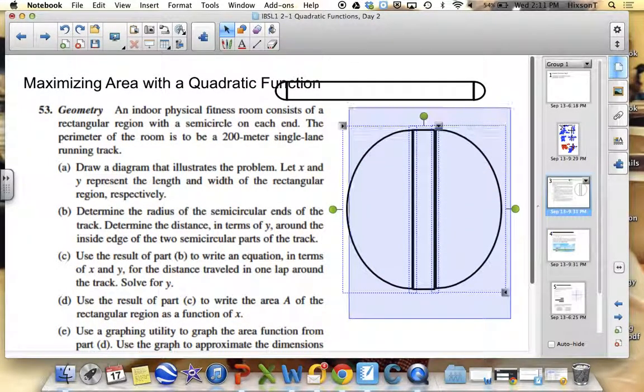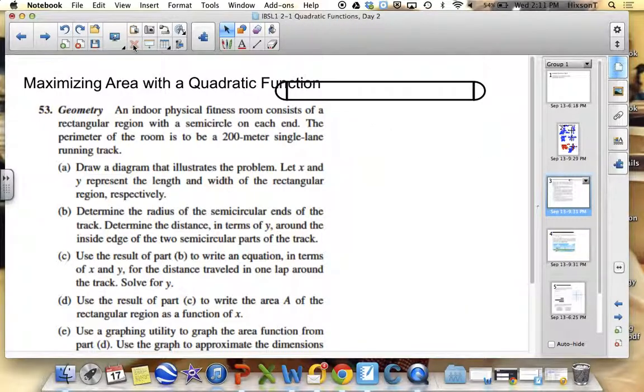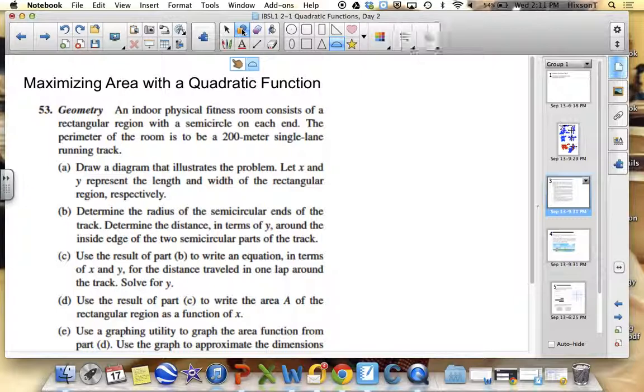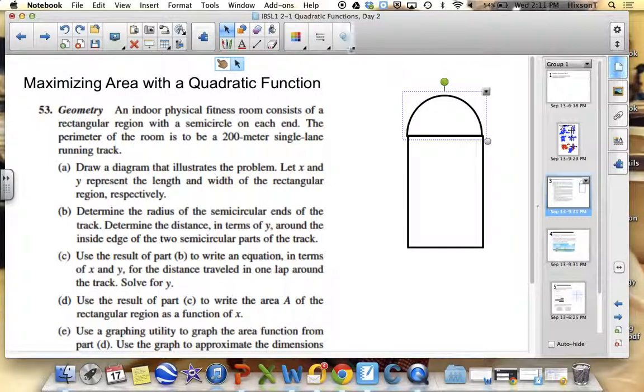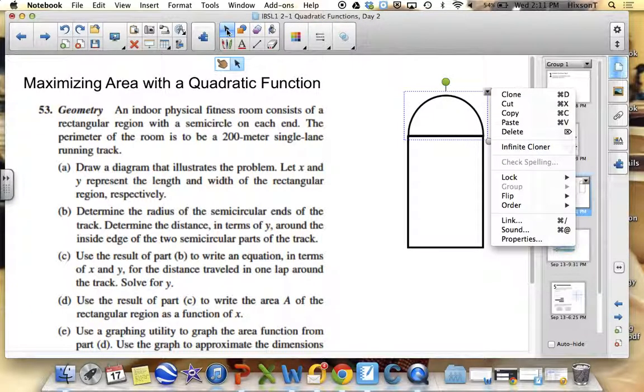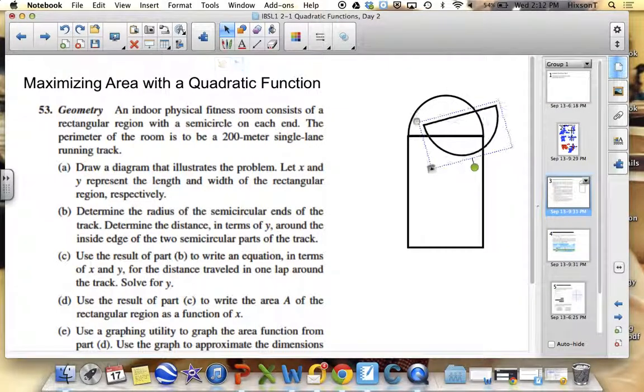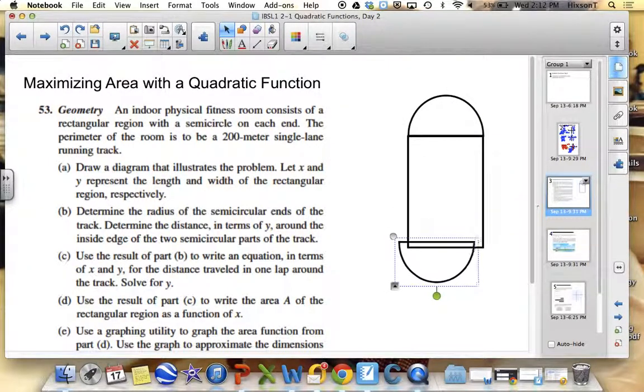So let me get rid of both of these, because neither of these are very good. Let's draw a basic one. There's that side. Spin this around. We'll just draw a general one here.